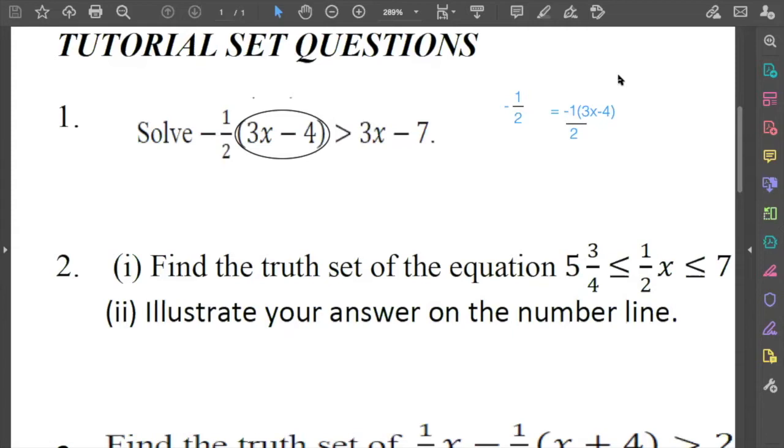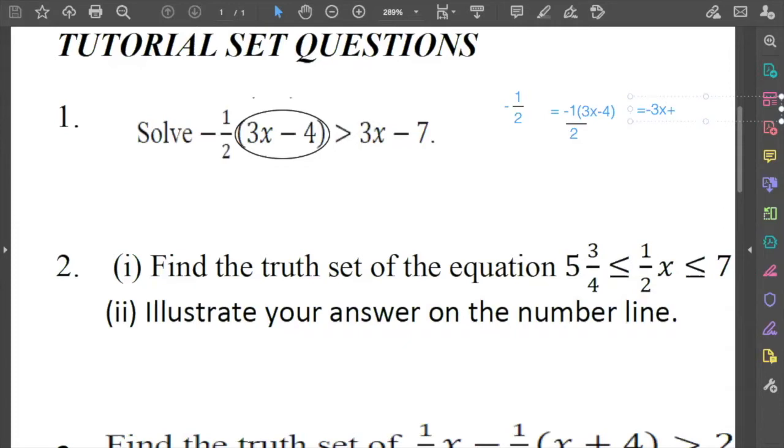Now, I am going to multiply the negative 1 through. But always remember that you still have all over 2. So in this case, now negative 1 times 3x, what do I have? Negative 3x. And then negative 1 times negative 4, what do I have? Positive 4.